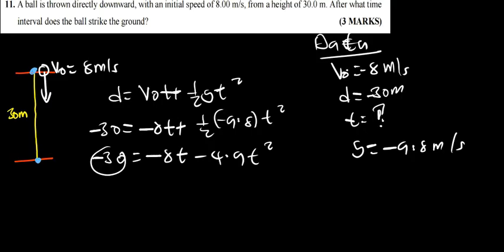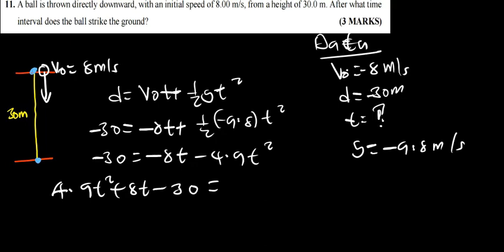Shift this guy to go to the other side. So you choose this: either you shift these guys to go to the other side, or you shift this to go to the other side. It's the same thing. So if I shift these to go to the other side, it's going to be 4.9 t squared plus 8 t, not t squared, plus or minus 30.